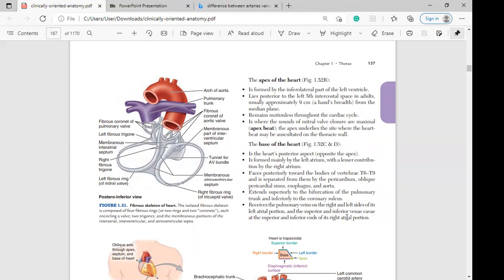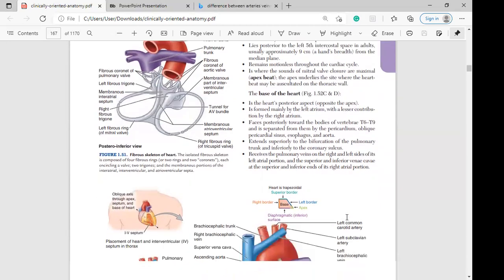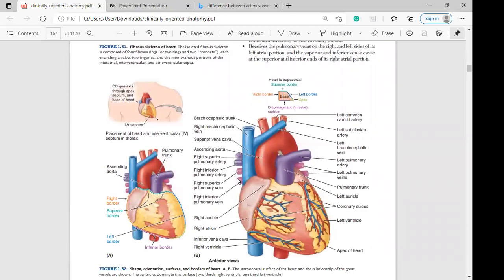So in the base we have the left atrium, a part of the right atrium, the bifurcation of the pulmonary trunk, the coronary sulcus, and some portion of the pulmonary veins. So these form the base of the heart, and this whole place is the base, while this one here is the apex of the heart.